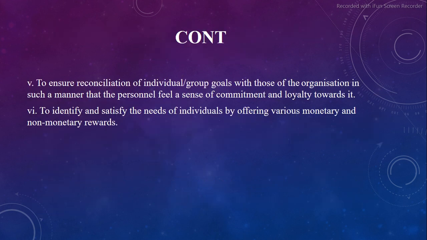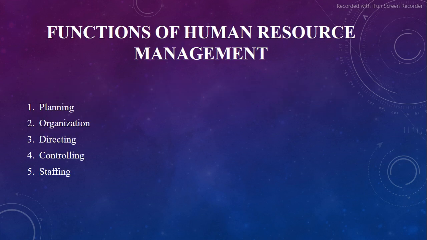The fifth one is to ensure reconciliation of individual and group goals with those of the organization in such a manner that personnel feel a sense of commitment and loyalty towards it. The seventh one is to identify and satisfy the needs of individuals by offering various monetary and non-monetary rewards to employees.